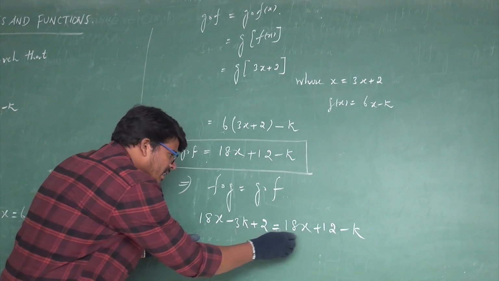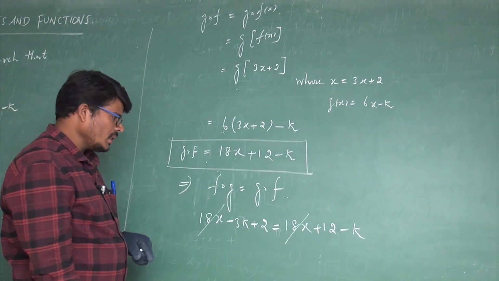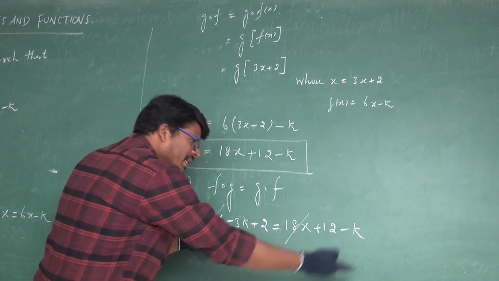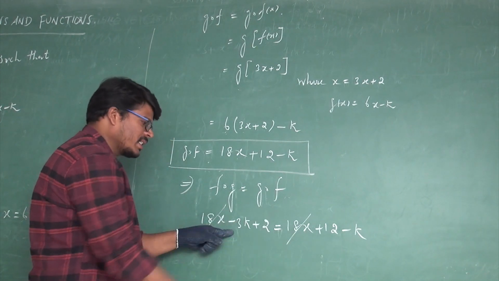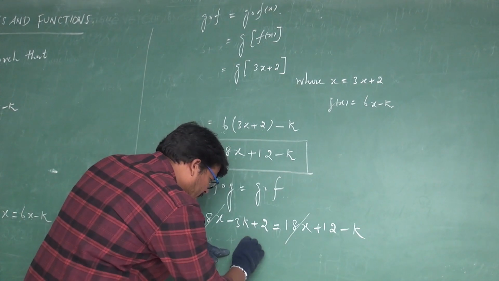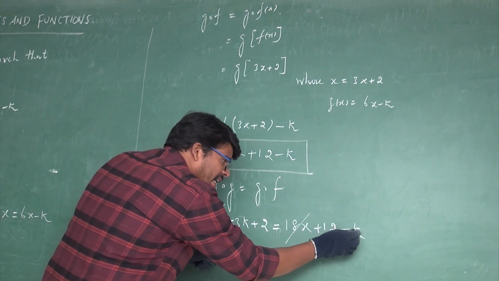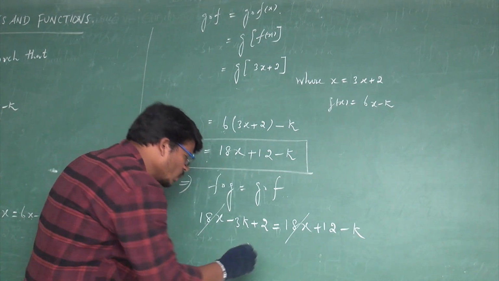18x gets cancelled. Next, minus 3k moves to the other side as plus 3k. Already minus k plus 3k is 2k.